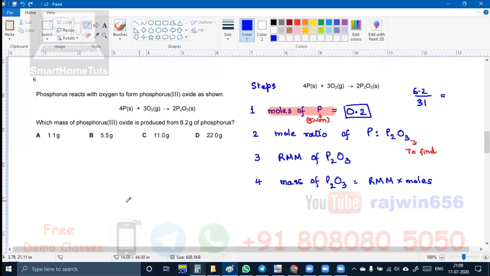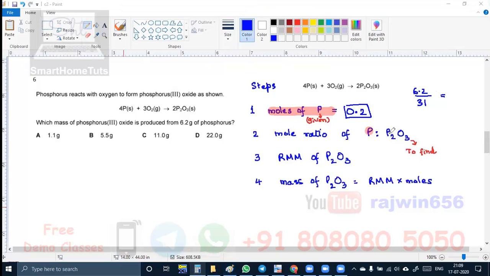Now I'm supposed to take the mole ratio of P is to P2O3. P is here, P2O3 is here. This part is 4 and this part is 2. So 4 is to 2, it means it's going to be 2 is to 1. Phosphorus is to P2O3, this mole ratio is 2 is to 1. So if phosphorus is 0.2 moles, moles of P2O3 will be how much? Varun, you can answer this.